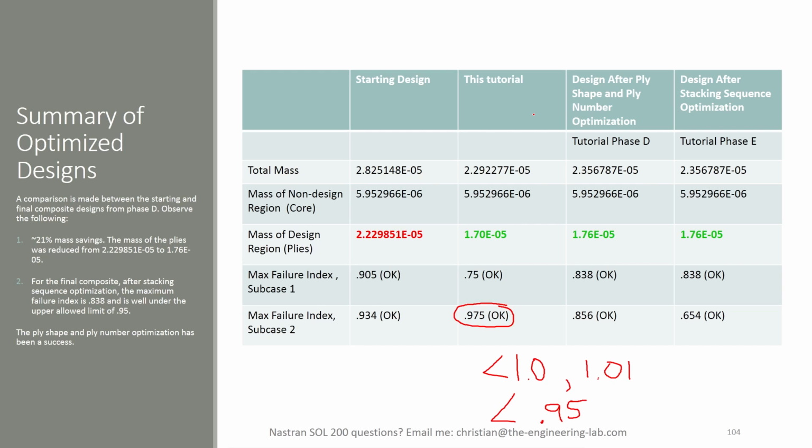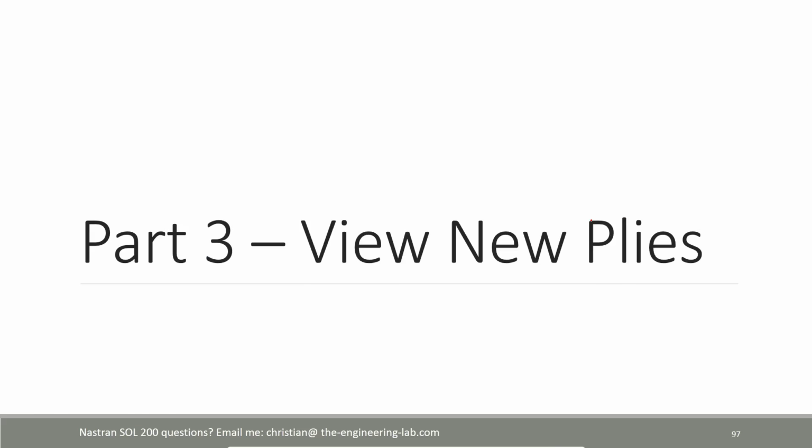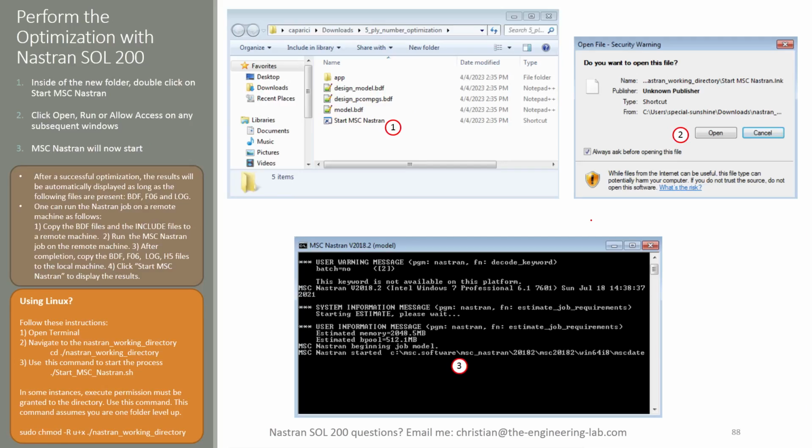Now, one last comment. Remember, you might be focused on getting the same solution as was demonstrated in this tutorial. So that would be this mass. You might want to get the same solution as shown in the instructions in this tutorial document.